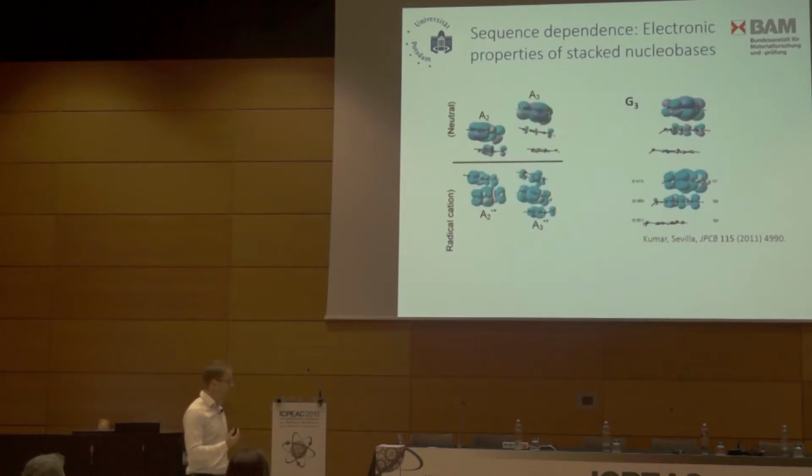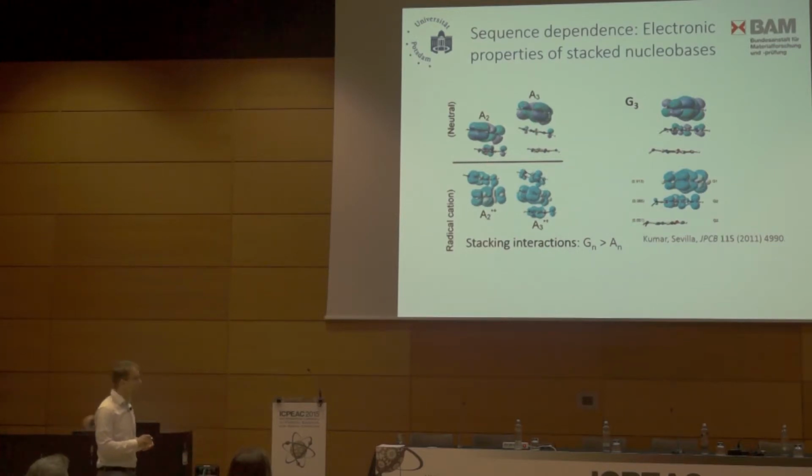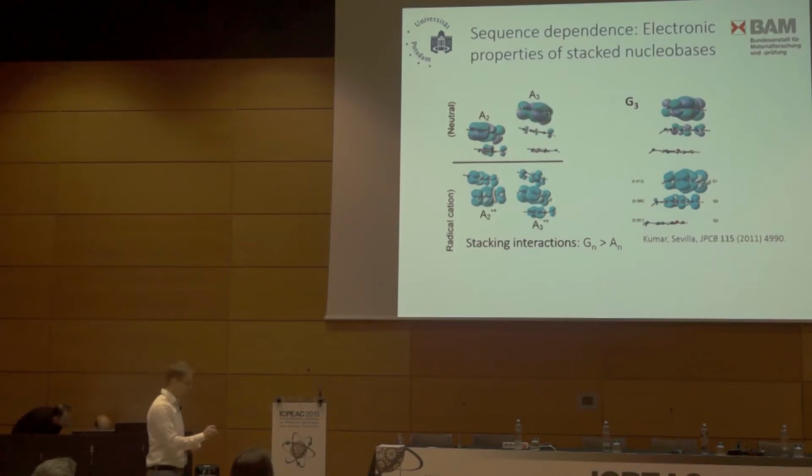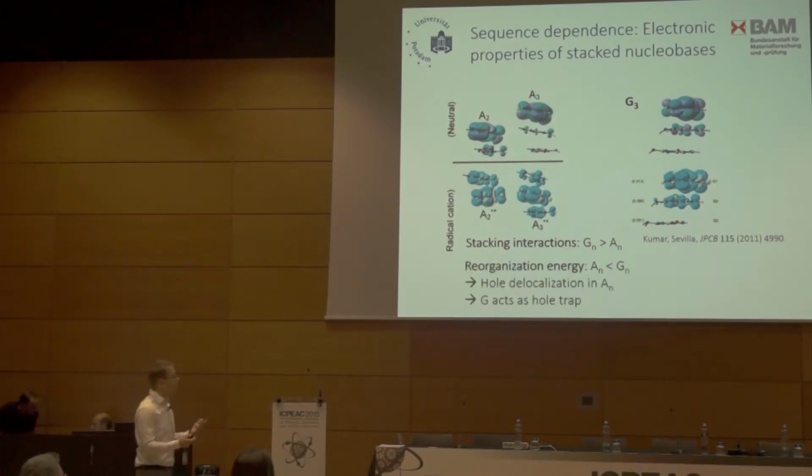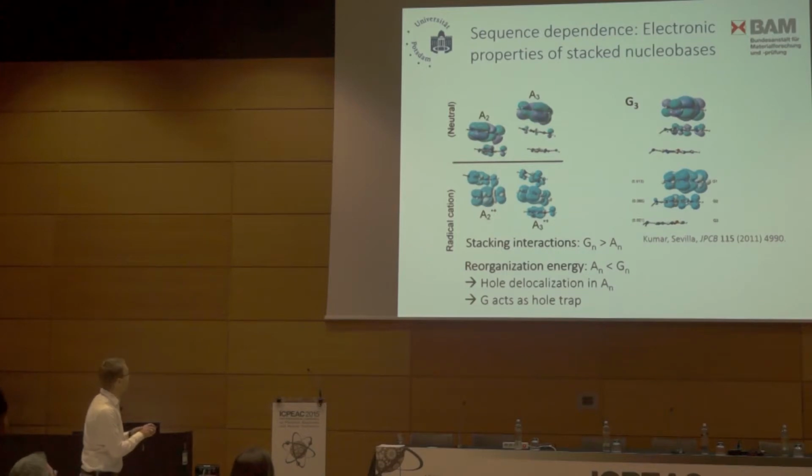One way to explain this could be that it was shown a few years ago that adenine and guanine oligonucleotides can have very different electronic properties. It is well known that stacks of guanine have higher stacking interactions than the corresponding adenine oligonucleotides, but when it comes to the ionized systems, it was also shown that the reorganization energy is smaller for the adenine oligonucleotide.